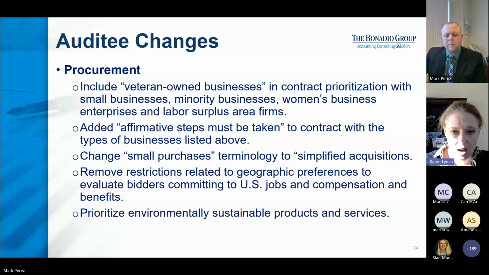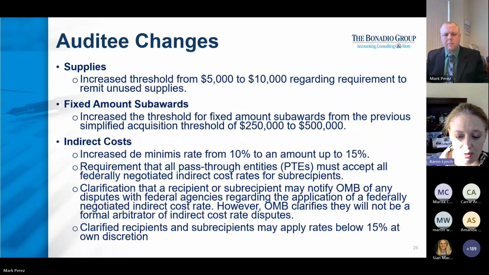And then the next slide comes with some more changes. The supplies we've already talked about, increasing that threshold. But the fixed amount awards on the next slide, Mark, talks about those performance-based grants. Awards that are given out at a specific dollar amount, and you may have a fixed obligation grant, you have actually special benchmarks or milestones that you're required to meet.